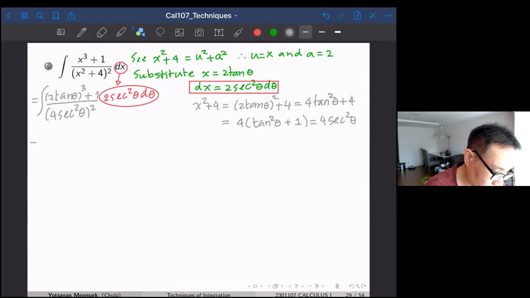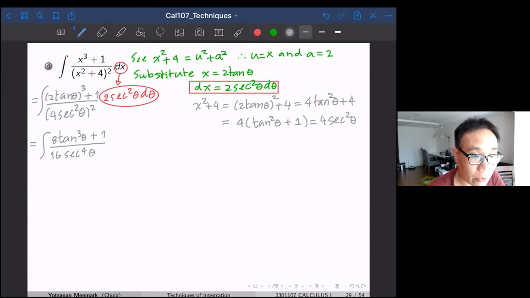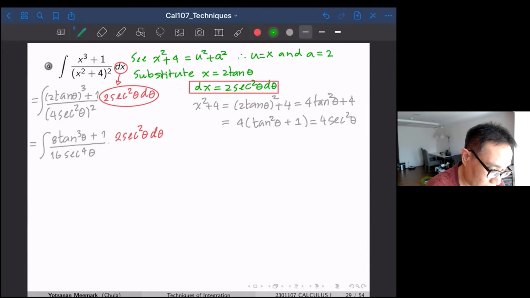The top one, you would get the integral of 8 tan cubed theta plus 1 over 16 sec theta to the fourth, and on top you get 2 sec squared theta d theta, and you get rid of this one and you have sec squared theta on the bottom.